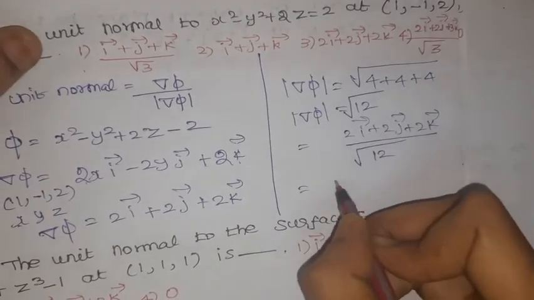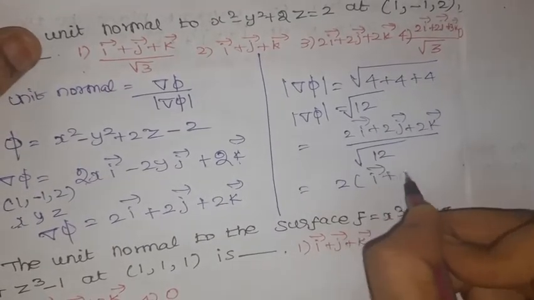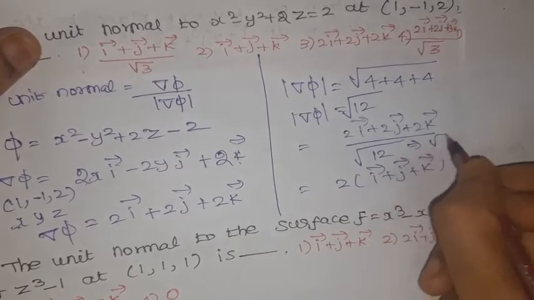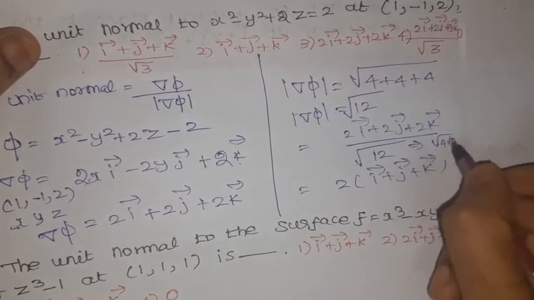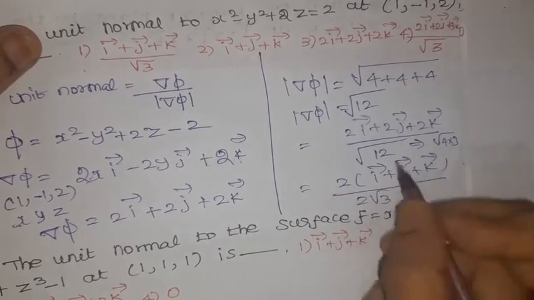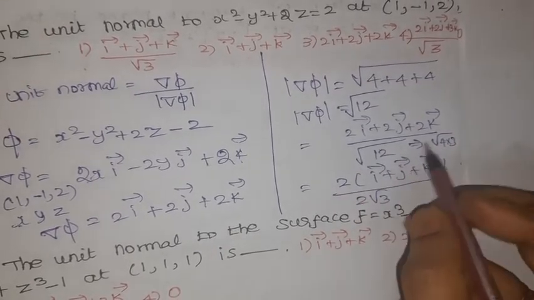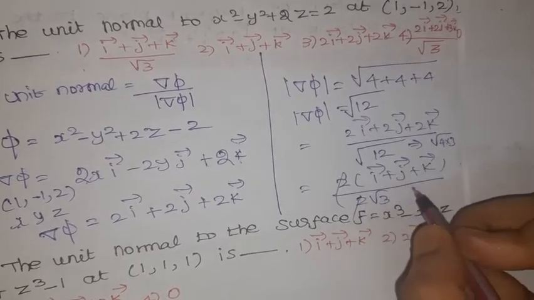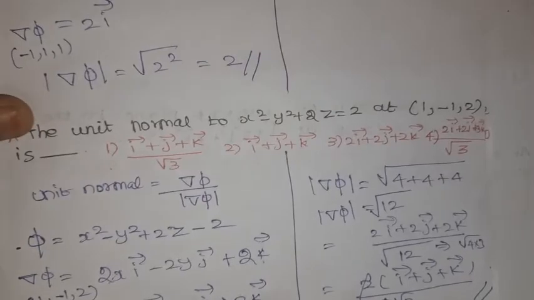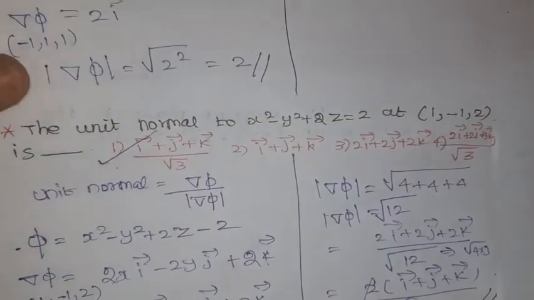Okay, take 2 outside in the numerator, i plus j plus k. Here square root of 12 can be written as square root of 4 into 3. Square root of 4 we take outside as 2 root 3. 2 gets cancelled. What is left is i plus j plus k divided by root 3. So option 1 is the right option.